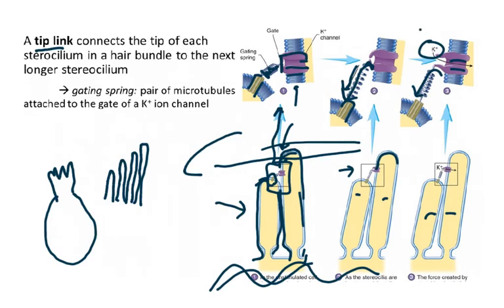So technically potassium rushes in, and that depolarizes the cell which this stereocilia is part of. This is the hair cell, which is important for hearing. And so as potassium rushes in here, it can depolarize the whole cell. So this is called a gating spring that opens the potassium ion channel and causes the hair cell to be depolarized.